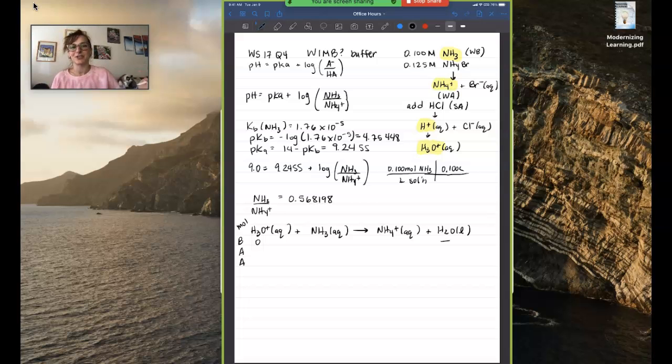It was 100 milliliters, so I divide by 1,000 to get 0.1. You would find that you have 0.0100 moles of ammonia that you put into your beaker when you first made your buffer. So that's what I'm going to put. B stands for before addition. Same thing for ammonium.